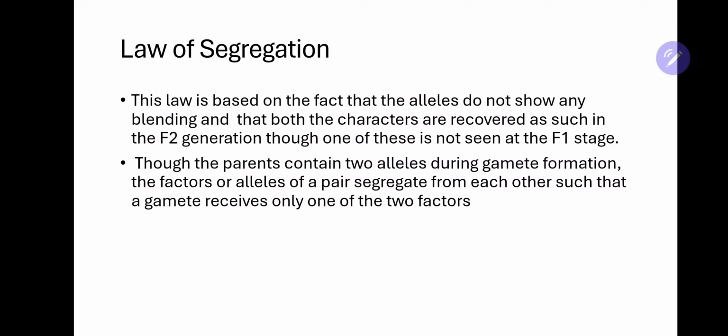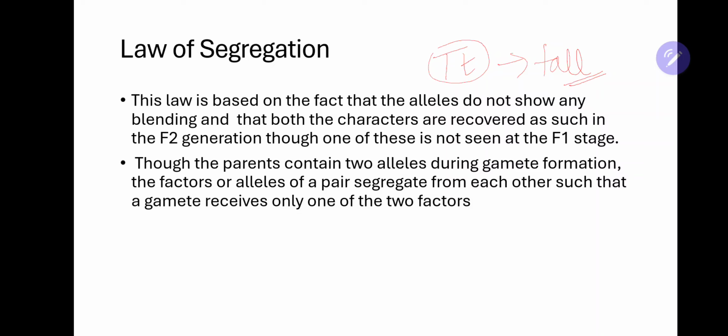Now we can discuss the law of segregation. So what is segregation? The word segregation means separation. In the formation of the hybrid, capital T small t, you can see it is a tall plant. It is a heterozygous tall, but it is definitely a tall plant. It is never an intermediate form of the parents, neither intermediate between tall nor dwarf.